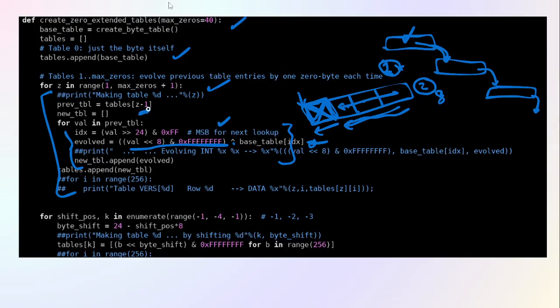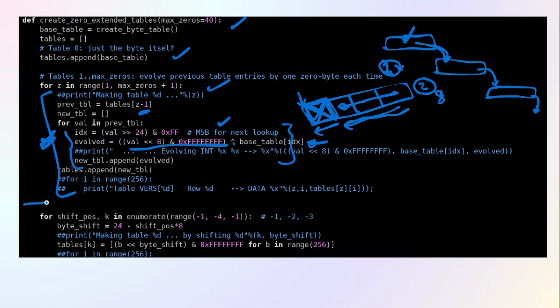So every stage uses the tables from the previous stage, and all it has to do is push one more zero because the previous one already has 1 zero. So if I want to get 2 zeros, I'll take 1 zero and push another zero and so on. So it's the same algorithm repeating over and over. This is really elegant. I like it. This is a very beautiful way of developing these tables.